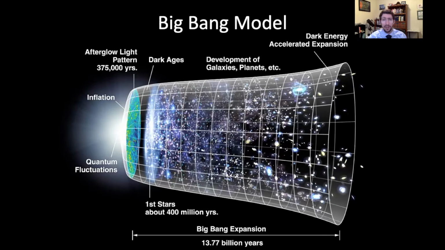At approximately 10 to the negative 37 seconds after the beginning, there may have been a sudden inflation of the universe, faster than the speed of light, so that temperatures dropped by a factor of 100,000 by the time inflation ended, around 10 to the minus 33 seconds after the beginning.